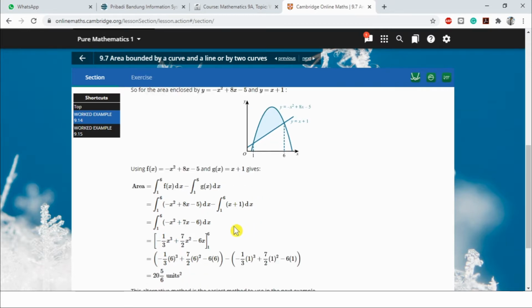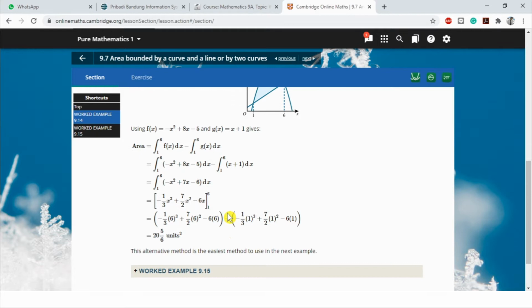We just simply subtract minus x squared plus 8x minus 5 by x plus 1. So here we got minus x squared plus 7x minus 6. We subtract 8x by x, and then we subtract minus 5 by 1, so it will be minus 6.